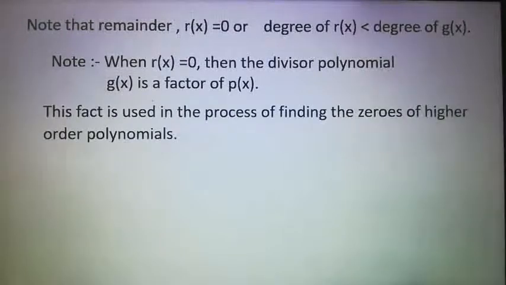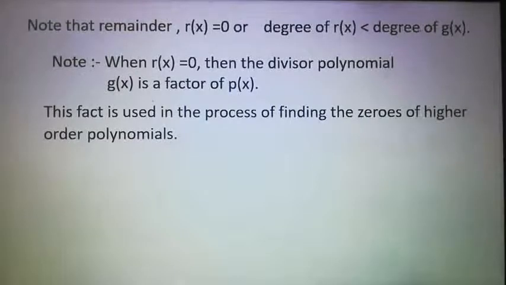This is used for finding the zeros of higher order polynomials, because you have studied the method of finding zeros of linear and quadratic polynomials by factorization, and from cubic polynomials onwards we will follow this method. Either you find a zero by trial and error method, or by some other given condition you will get some zeros, and the remaining zeros you will get by using this concept.